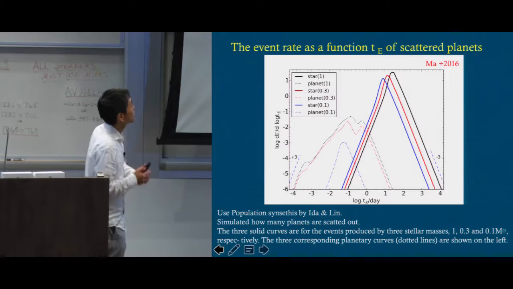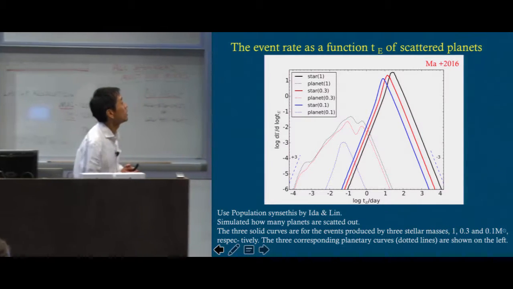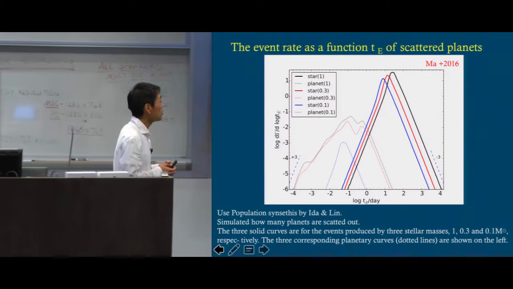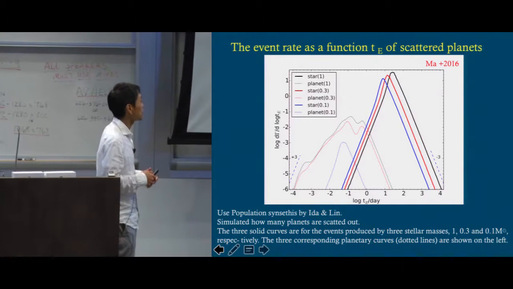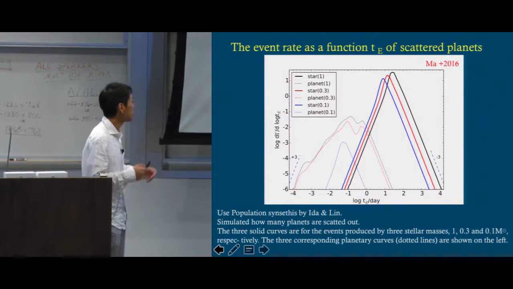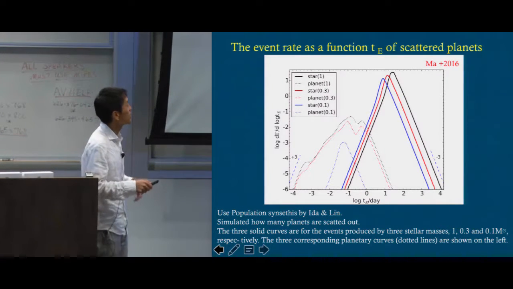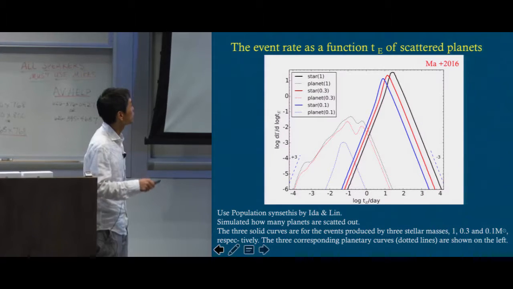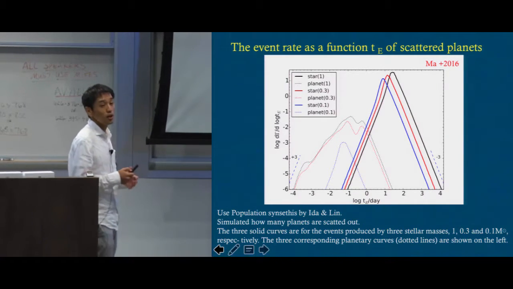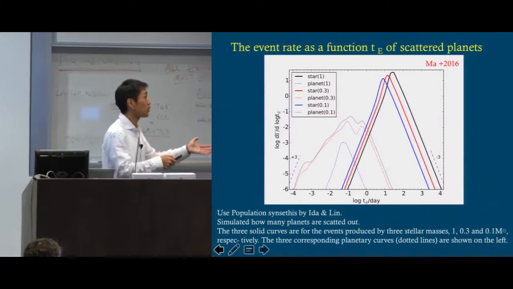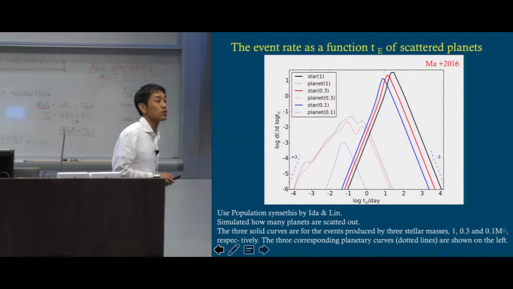And Ma and Mao et al. did some simulation using the population synthesis by Ida and Lin, and simulate how many planets are scattered out. And here is the timescale distribution due to the host, and here is the timescale distribution by the scattered planets. And that can explain the short timescale events which OGLE found.